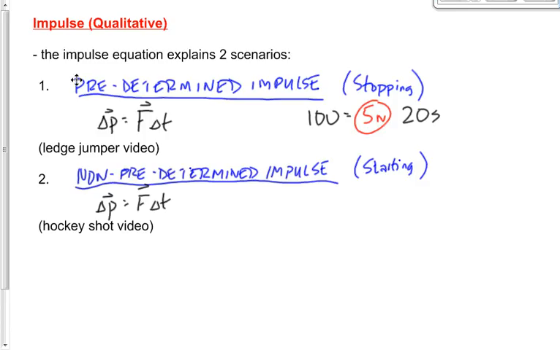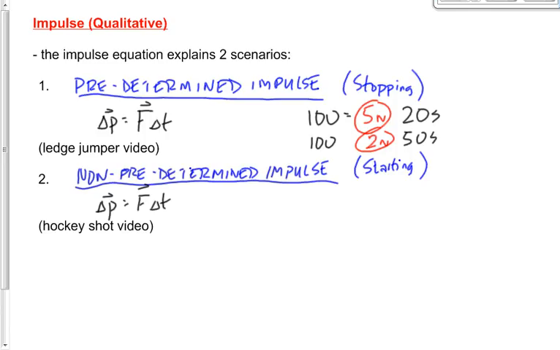What if the impulse is 100, but the time is increased dramatically to, let's say, instead of 20 seconds, it's going to be 50 seconds. So we're increasing the time that it takes to stop the object by a factor of 2.5. What's that going to do to the force? Well, what times 50 is equal to 100? 2.